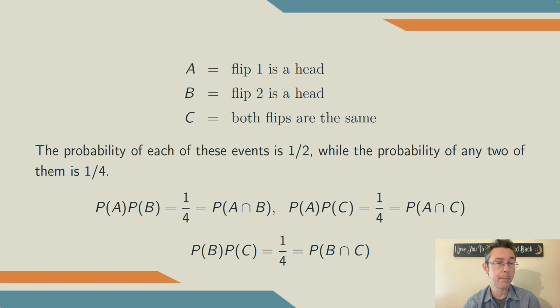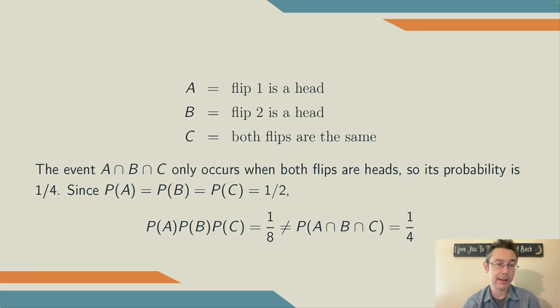Regardless of what the first flip is, you have a 50% chance that the second flip will match it. The probability of any two of them happening is 1 in 4, as you can confirm directly. The event A and B and C only occurs when both flips are heads, so its probability is 1 in 4.